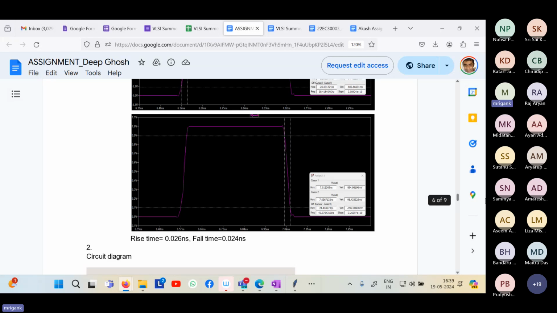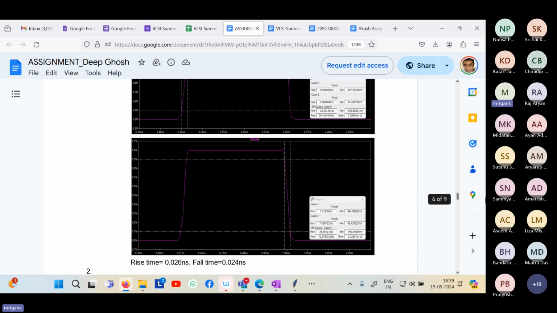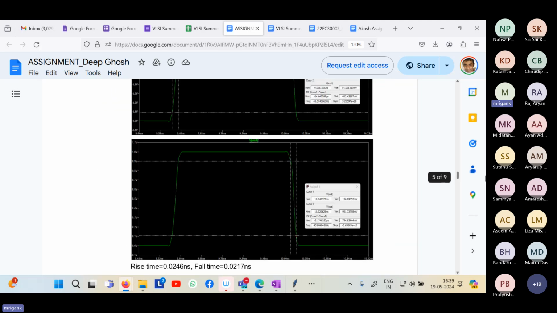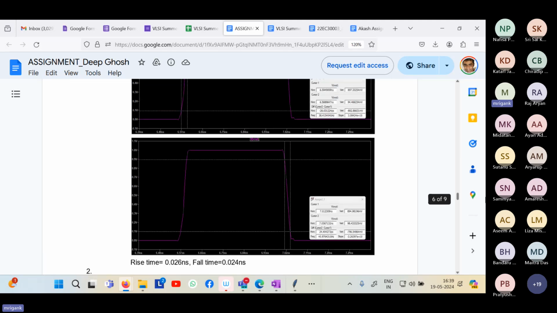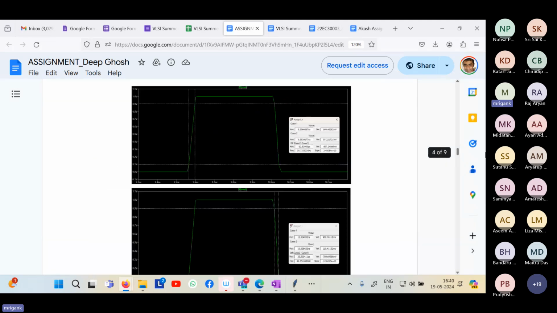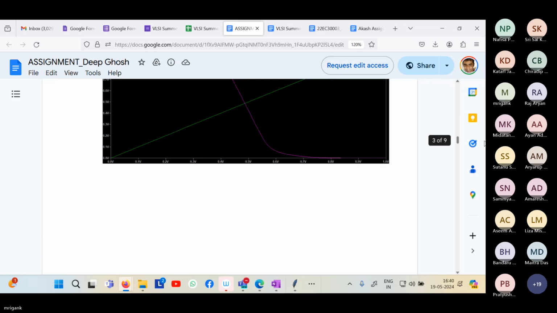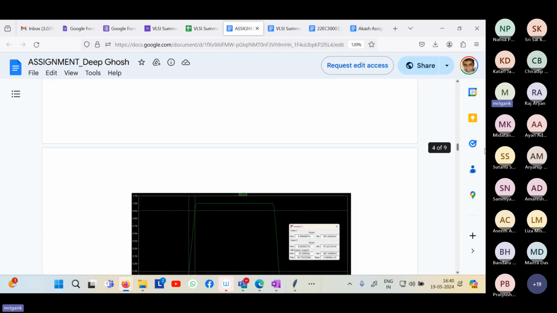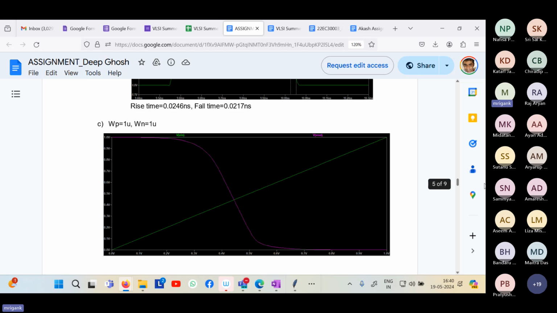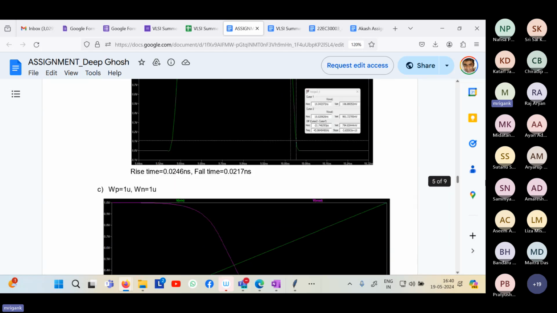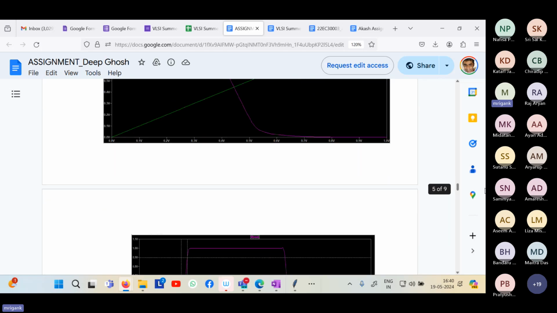So not much change. Fall time is remaining almost similar. Though here the NMOS size has been increased. So as compared to the previous case, the very first original case, where the NMOS size was only 0.4 micro and the rise time fall time was 0.024. Here also is getting almost exactly same rise time fall time, or basically the fall time is not improving much.